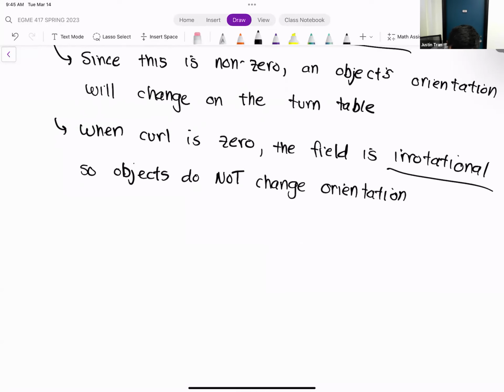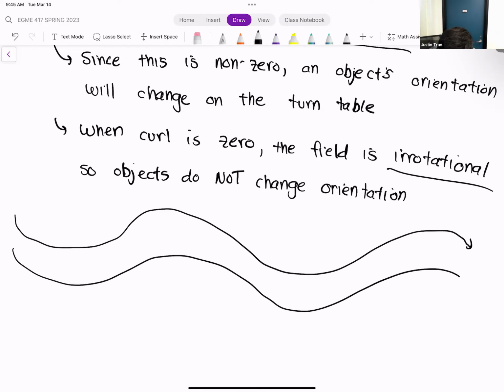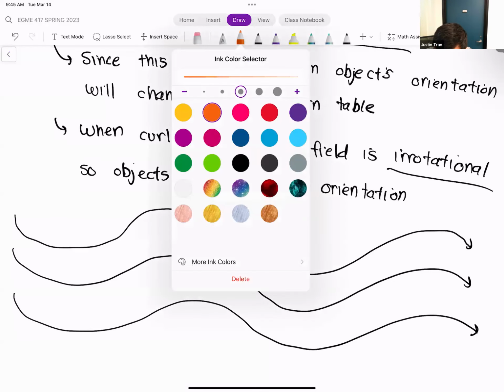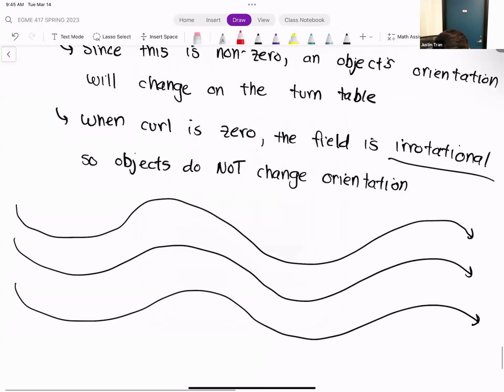One very quick example. Let's say that we have a flowing fluid field, and let's say that the flowing fluid field looks like this. Let's say that this is like a river or a stream. And let's say that for this field, we have a curl of zero.